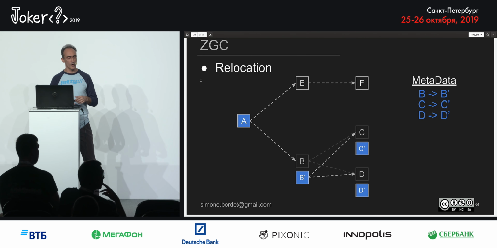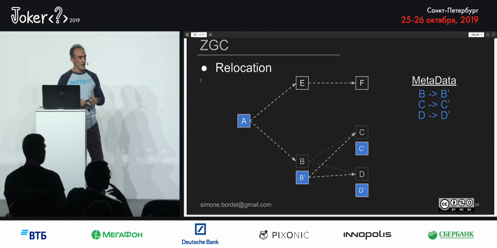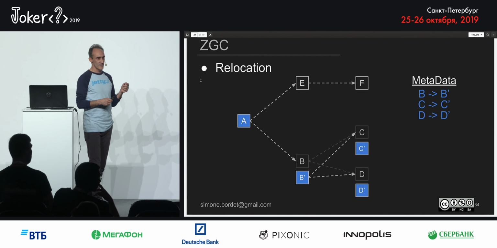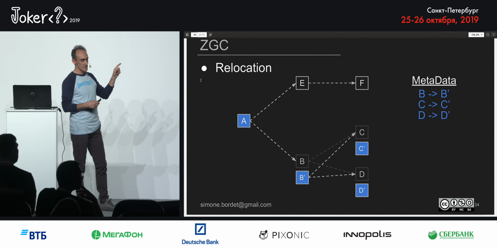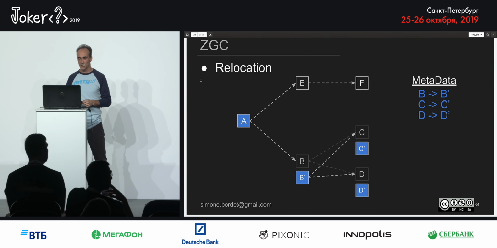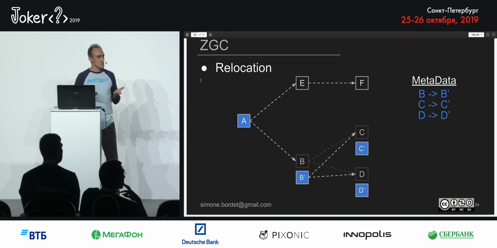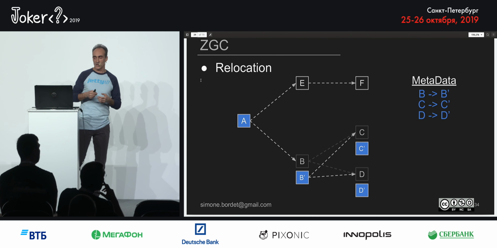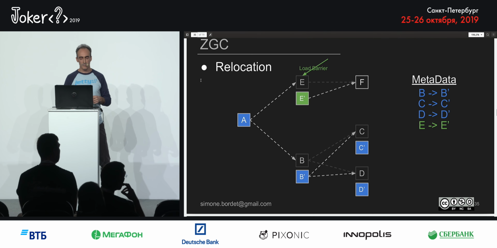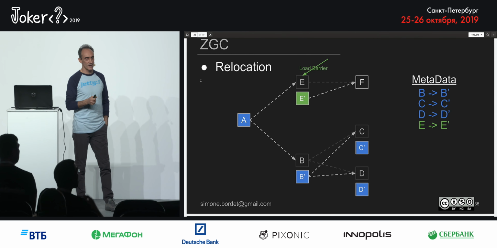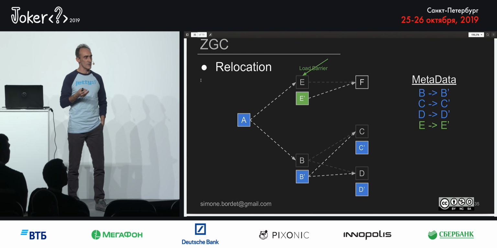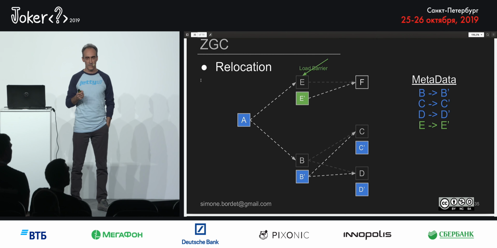And it does the same for object C and object D. As you can see, the pointers still point to the old places of the objects, all right? Then the garbage collector is about to move to the upper side of the object graph, but exactly at that point, the application comes in and wants to work on object E, right?